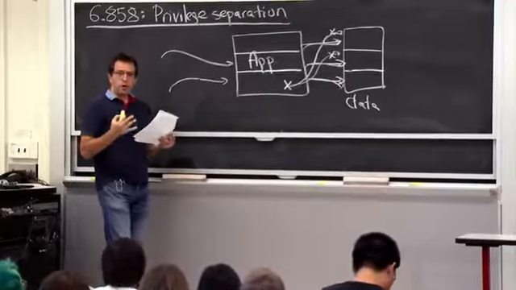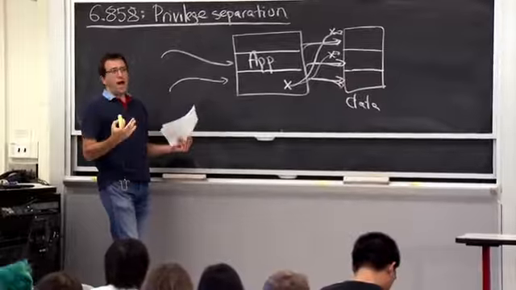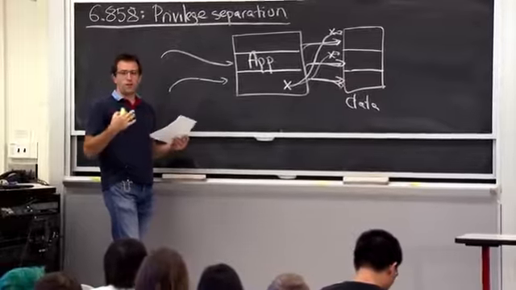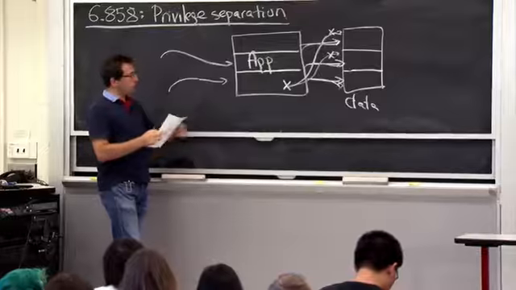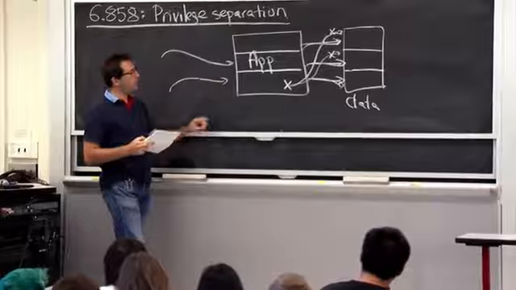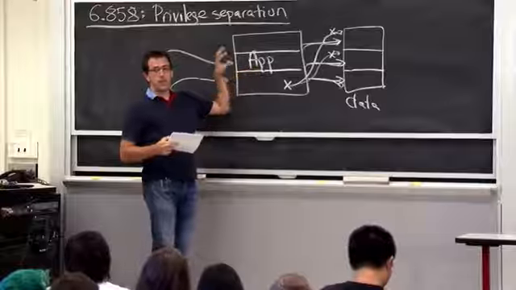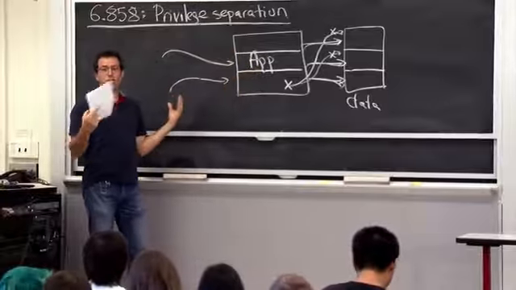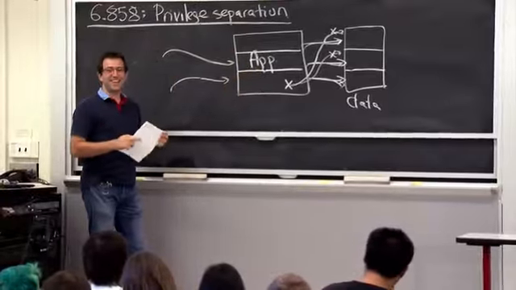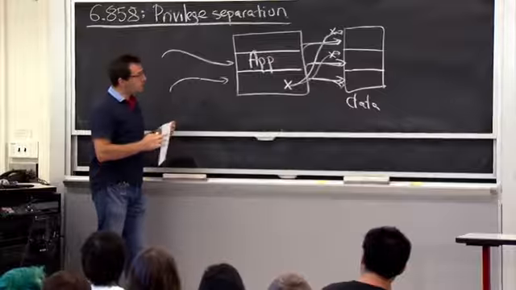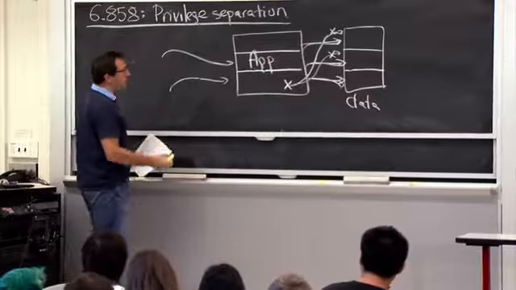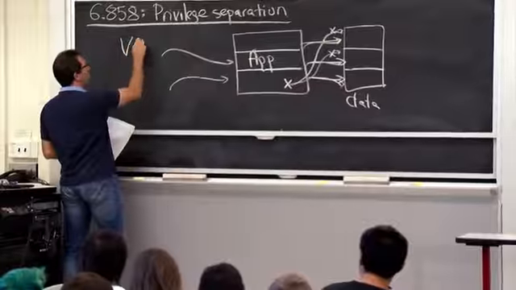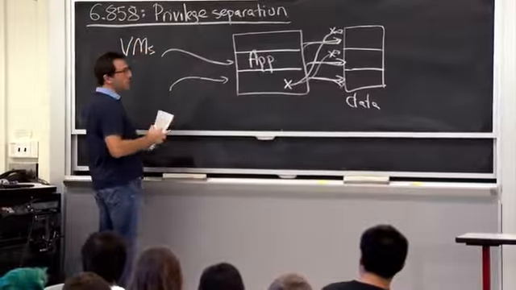And it's hugely powerful. It doesn't really rely on buffer overflows or other kinds of vulnerabilities being present. It's just a general architecture for making sure that vulnerabilities in one place don't affect your system as much as possible. So this turns out to be used pretty widely. Virtual machines often are used for enforcing isolation between components.